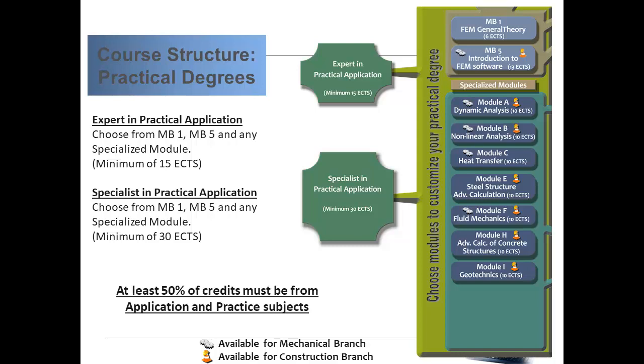If it's more than 15 or below 30 credits, you have one or another degree. At least 50% of the credits must be from application and practice subjects. So, as you can see, each student can customize their own practical degree.